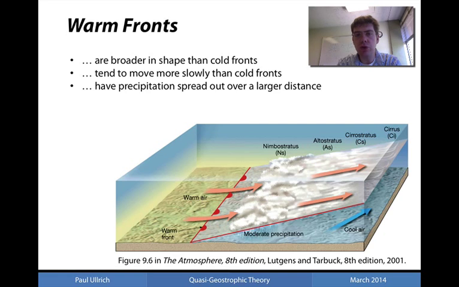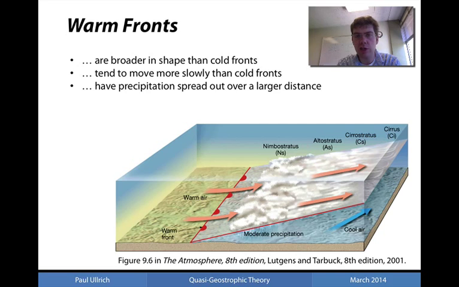They're generally due to moving warm air, which pushes over top of a cold air region. Due to buoyancy, the warm air will then sit above the cold air and will tend to form a very slight updraft as it pushes over the cool air region. This leads to basically the formation of nimbostratus clouds, altostratus, and cirrostratus as the air is pushed higher and higher above the cold air event.